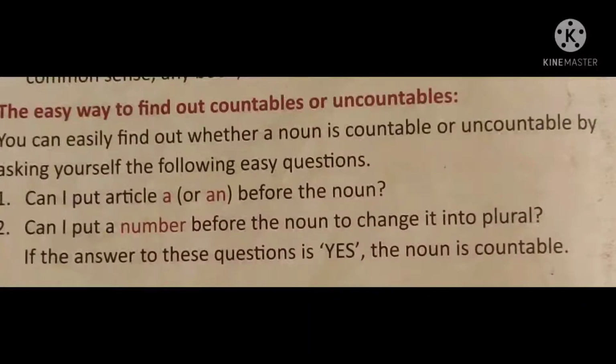Then second question, can I put a number before the noun to change it into plural? If the answer to these questions is yes, the noun is countable. So if you can count the numbers, then also the noun is a countable noun.